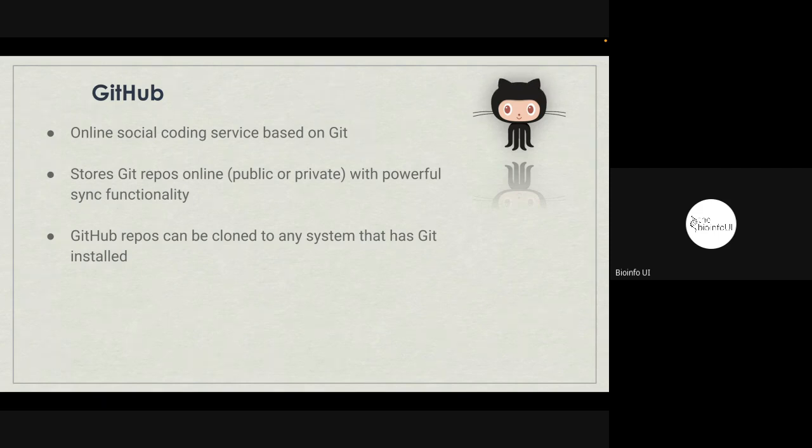So as long as you install Git on your system, you have the power to clone whatever repo a user has made accessible to the public on GitHub. You can clone it down to your system and study what they've done or make some changes and play around with it.